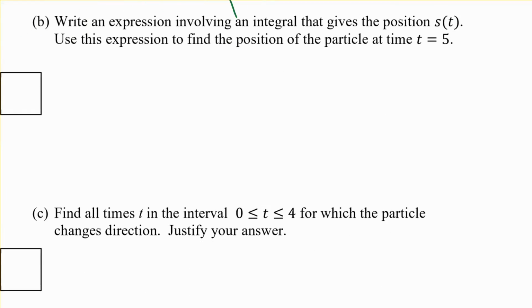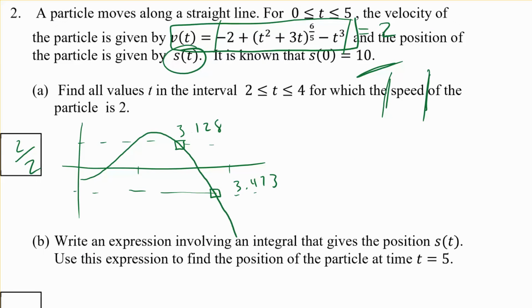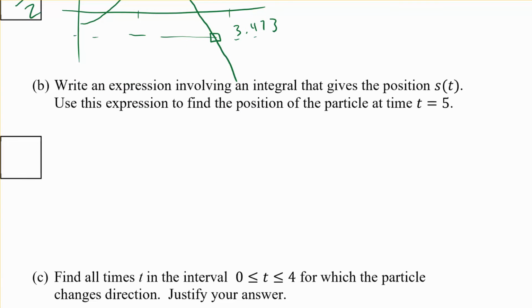All right, part B says write an expression involving an integral that gives the position s of t. So the position is s of t, and its velocity is that function, and its position starts at 10. So I would describe this as you're walking somewhere with a velocity and you started 10 miles away from home and you kept walking.